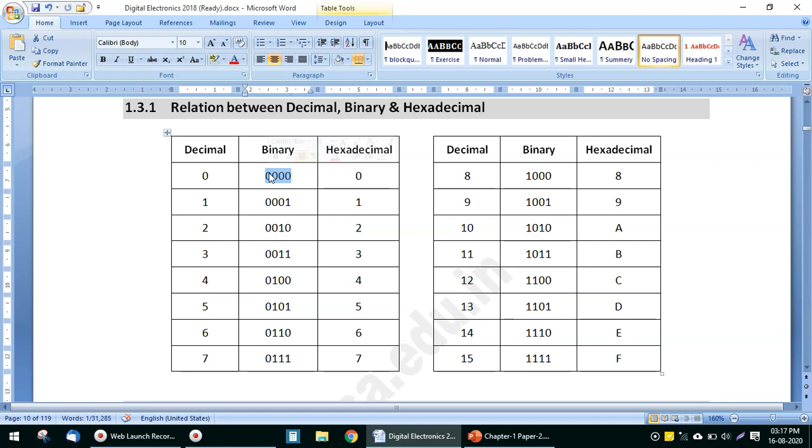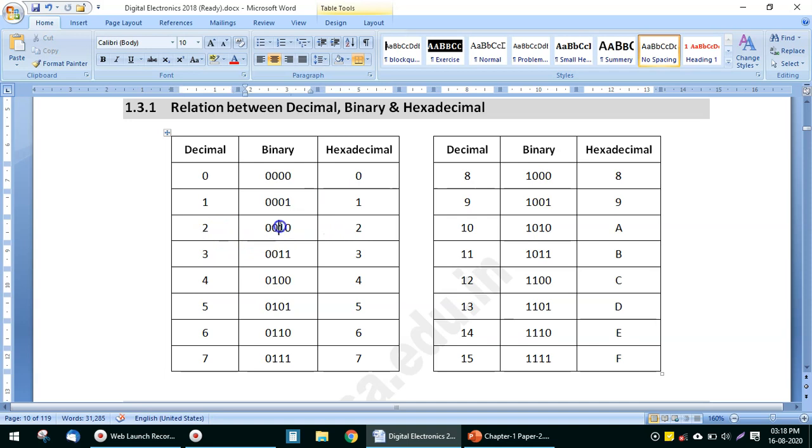We are taking the binary value in 4 bits. Bit stands for binary digit. So for decimal 0 the binary value is 0000, and the hexadecimal value of decimal 0 will be 0.